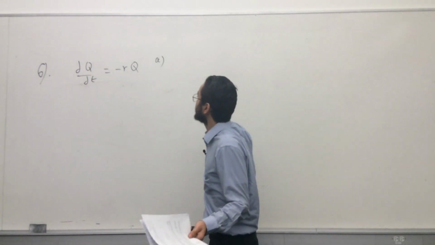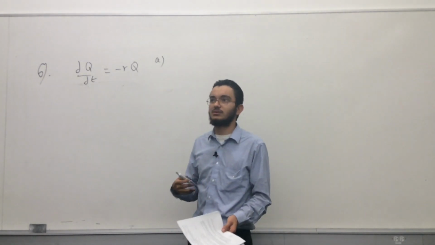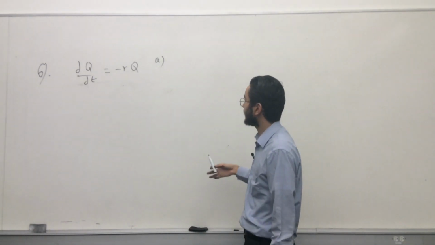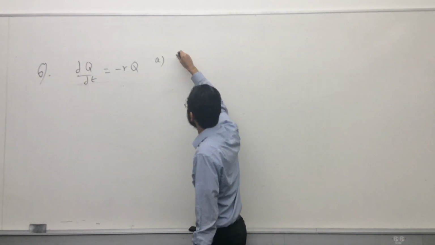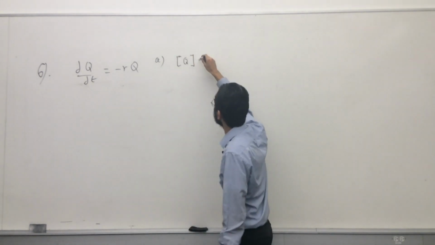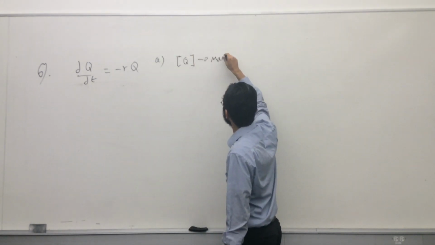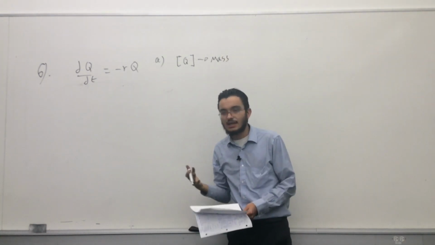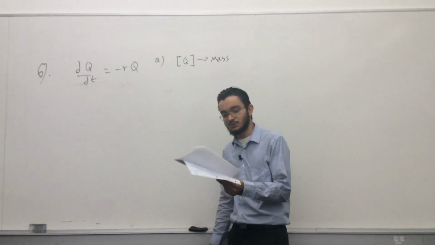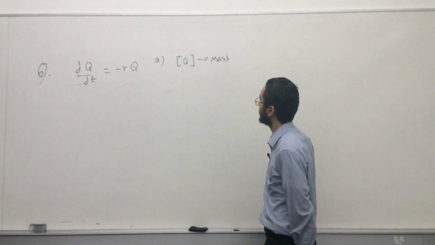The dimensions are basically asking what type of unit it is. Is it time? Is it a quantity of mass? So the dimensions of Q should be mass, right? Because these are the trace amounts of whatever papyrus we're trying to date.